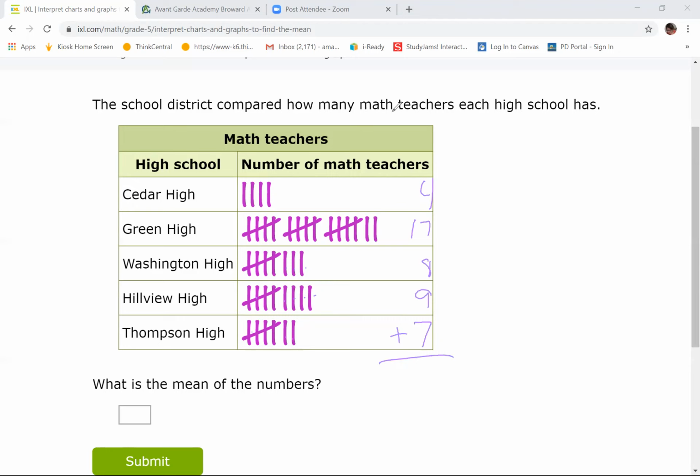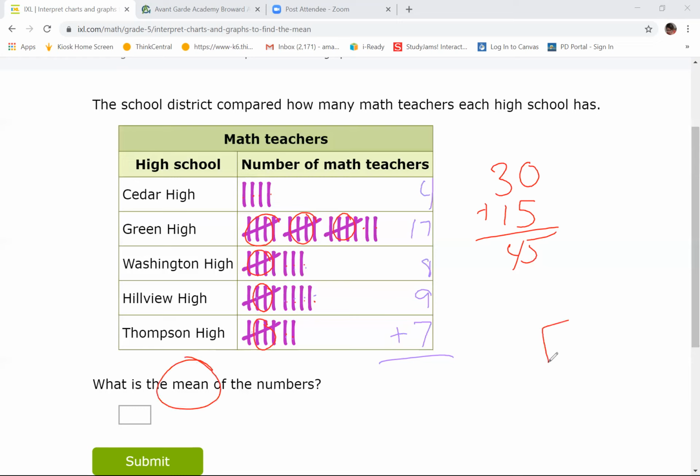Or I could say to myself, okay, 5, 10, 15, 20, 25, 30. 1, 2, 3, 4, 5, 6, 7, 8, 9, 10, 11, 12, 13, 14, 15. Look how easy that is. It's 45. Well, that was easy. I like the tallies. And I know that I counted each one because I put a mark on it. So 45 all together.